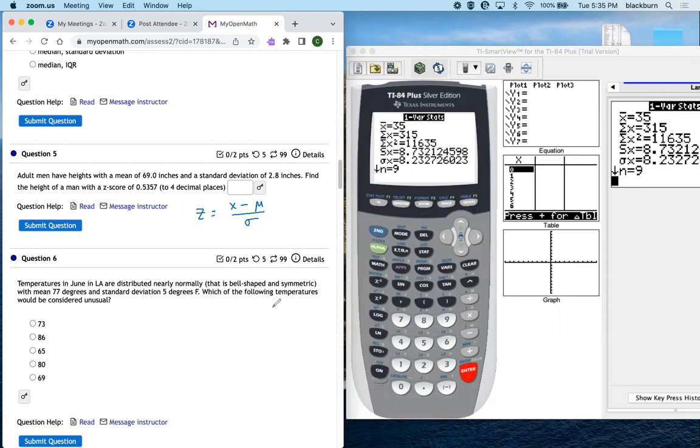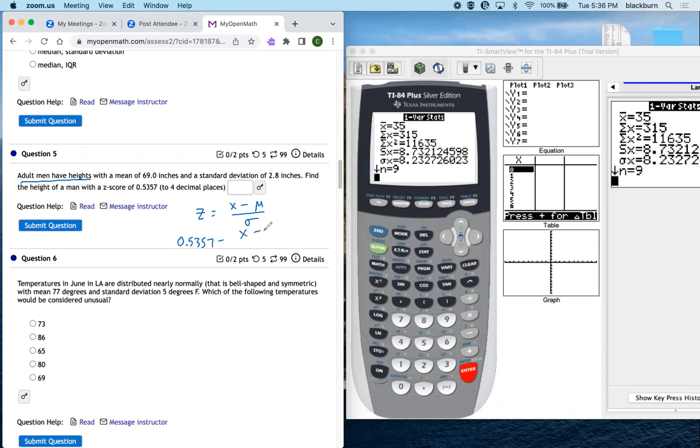I'm using the population mean and the population standard deviation because that's what it's implying by adult men have heights. So now I got a z-score of 0.5357. I want to know that person's height, which is x.